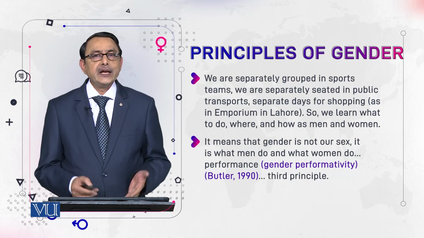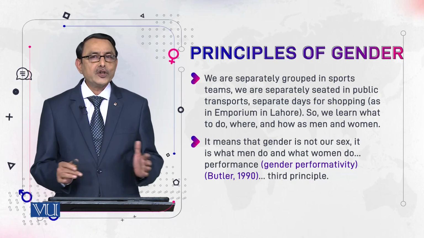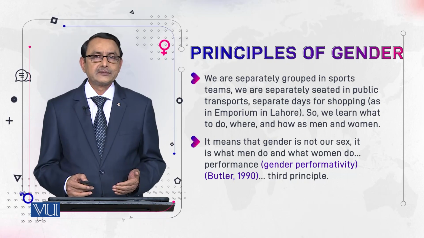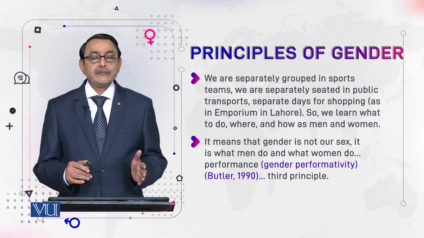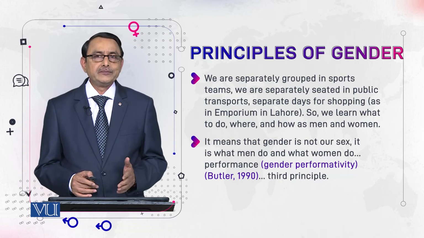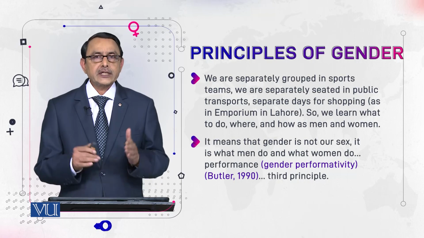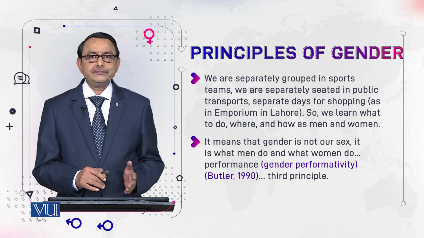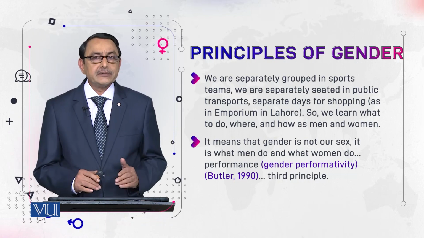And this happens indirectly. It means that gender is not sex. Sex is part of gender. It is what men and women do. So there are two levels of gender, or two parts of this category of gender. One part is biological and natural, that is our sex. We can't change it.